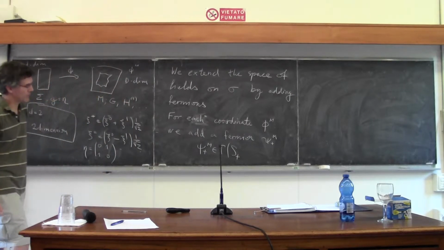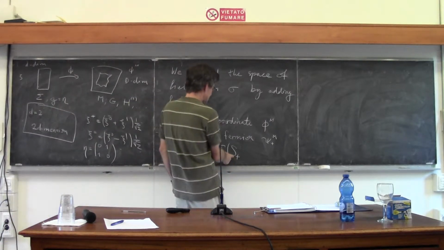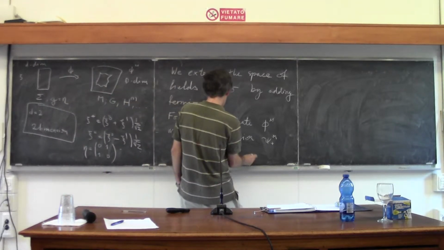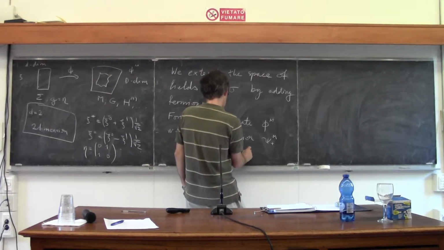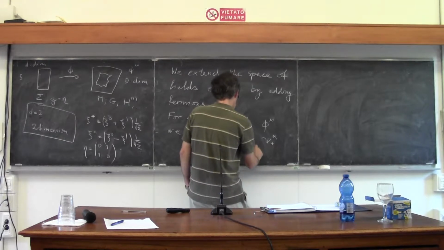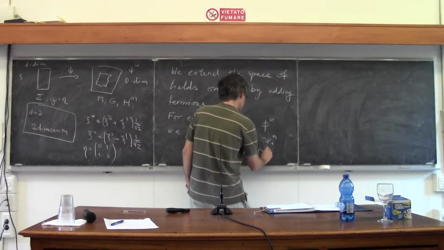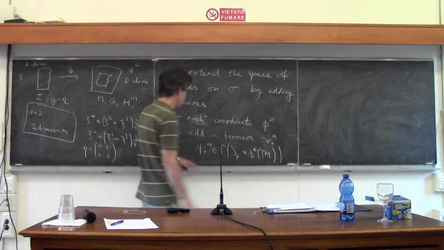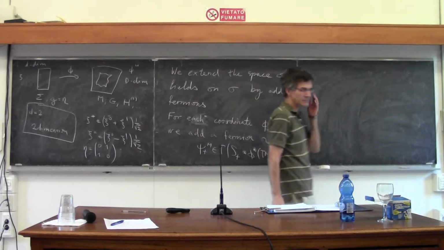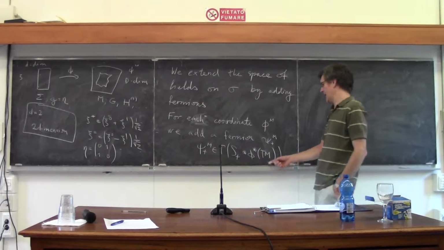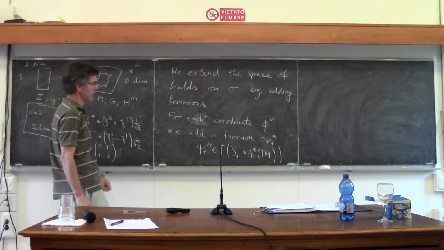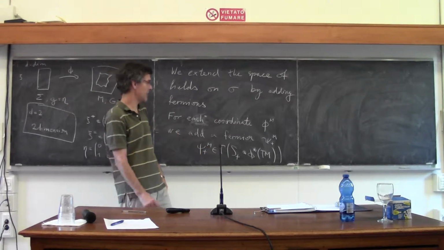They will behave as something transforming in one of the spin bundles on sigma, which is indicated by this plus index, tensor the pullback of the tangent bundle on M, which is indicated by the M index.